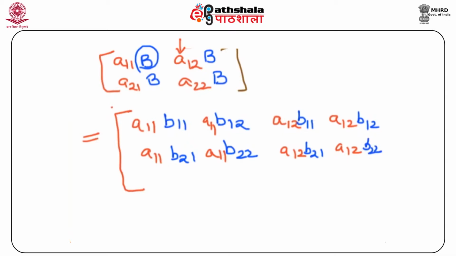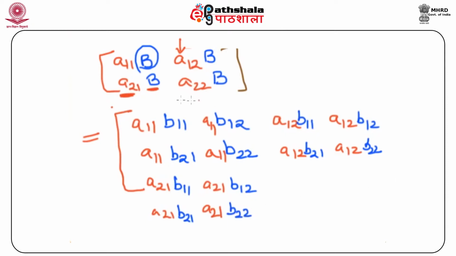Similarly, for the term A21, we write it four times and multiply it by the entire matrix B, so we write B11, B12, B21 and B22.